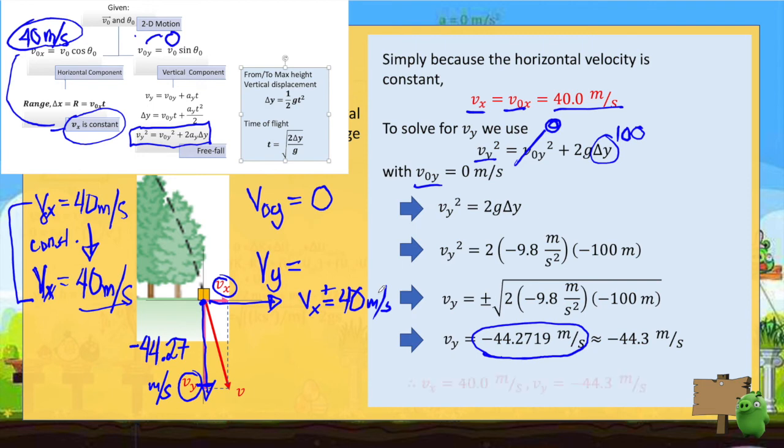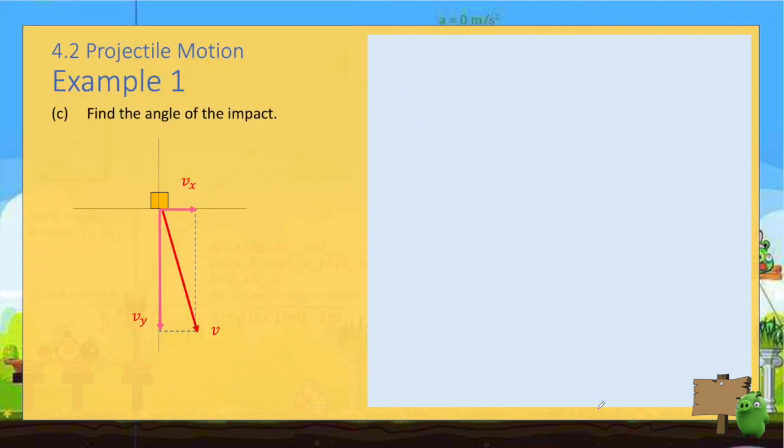We have the x and the y component. Now, if you want to combine them into what we call the resultant vector, we use this formula: Vx squared plus Vy squared. If it is required in this third one, find the angle of impact. Now remember, when we are getting the resultant vector and looking for the angle, we use the arctangent of the component along y divided by the component along x.